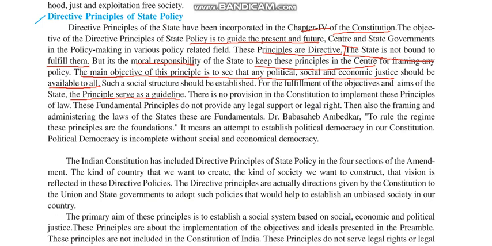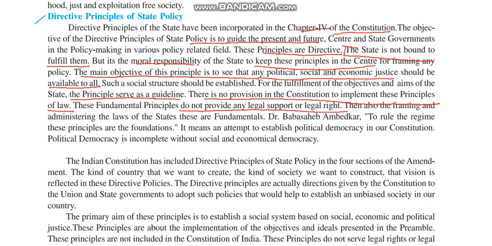There is no provision in the Constitution to implement this principle. This is again very important. There is no provision in the Constitution to implement this principle by law. These principles do not provide any legal support. This is the most important thing. There is no legal support.